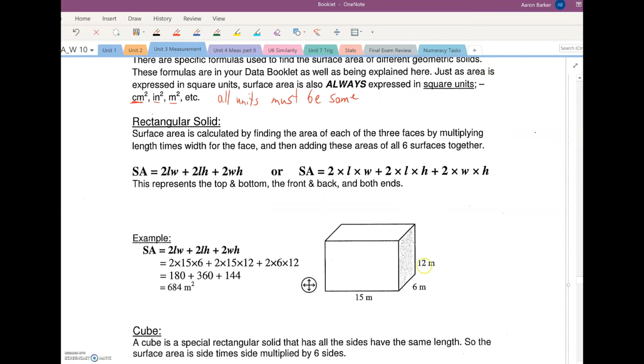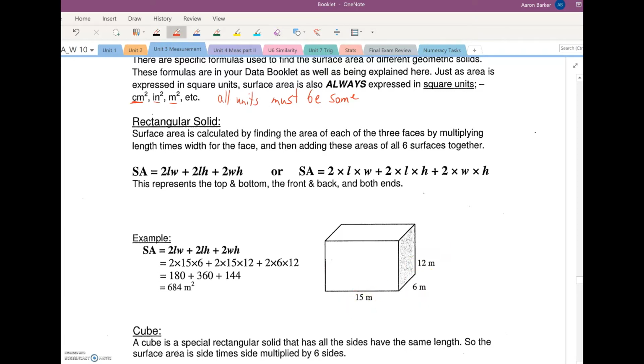For example, if this one was centimeters, then you would have to convert it into meters or convert these into centimeters. But you couldn't have one unit different. We don't have that here. Here we have them all the same, 12, 6, and 15.